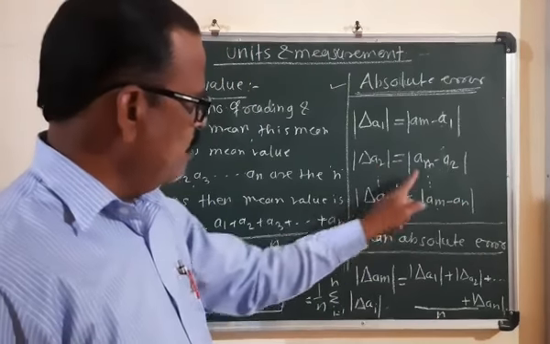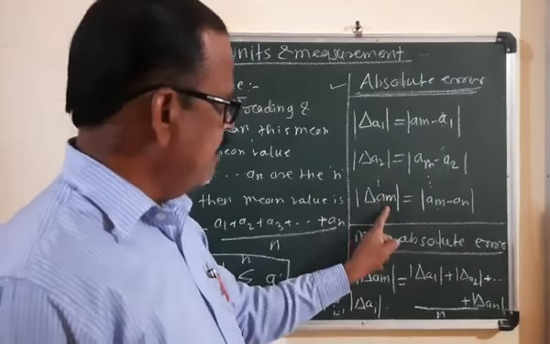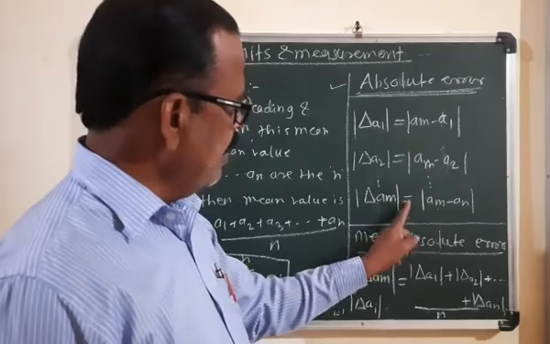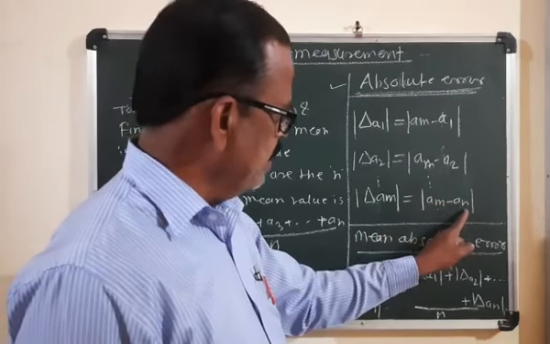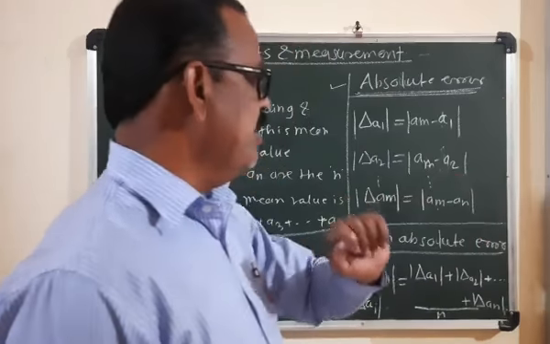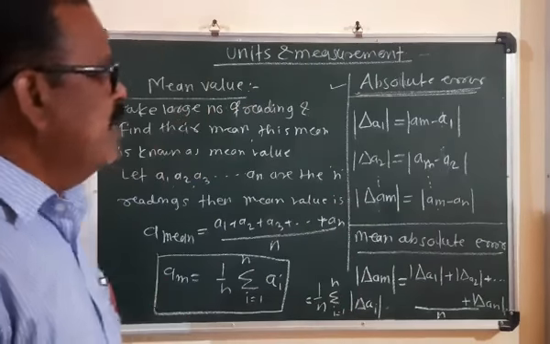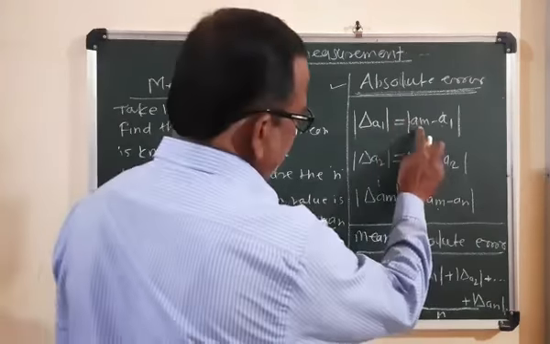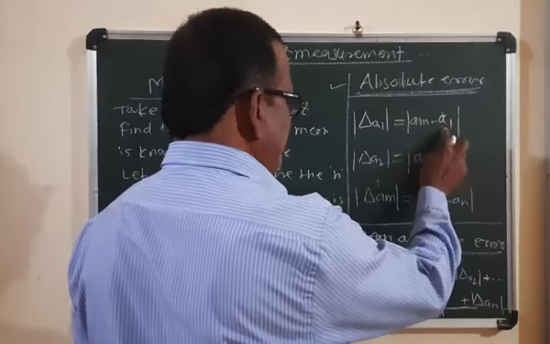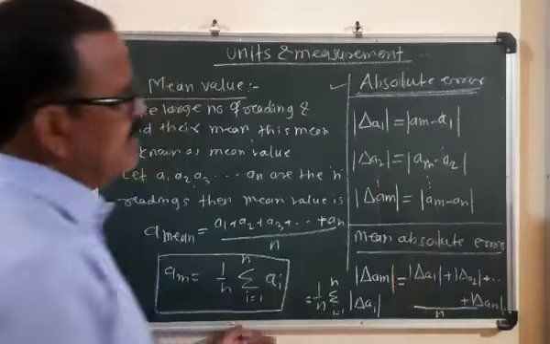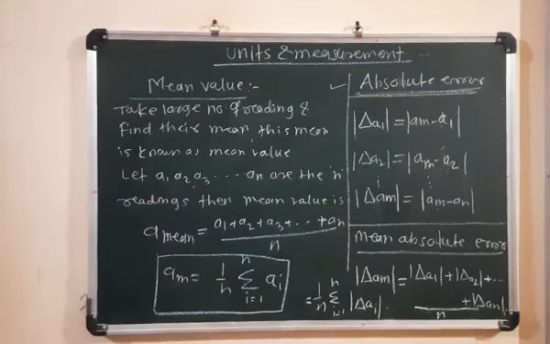Therefore, mod of delta An equals mod of Am minus An, the nth individual reading. That is, the difference between the mean reading and each individual reading is called the absolute error.